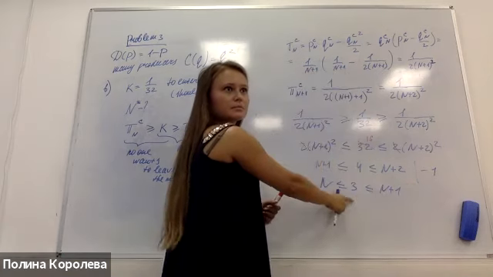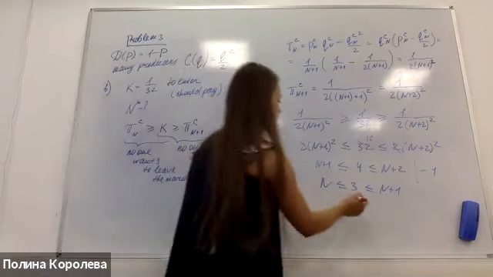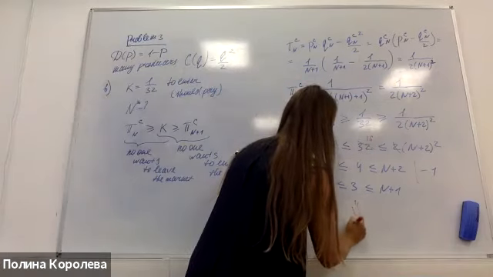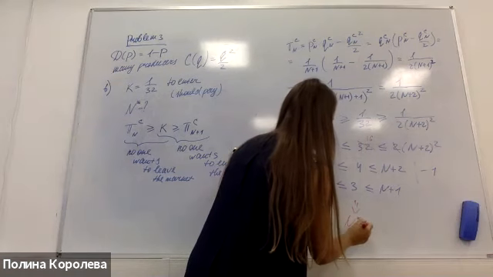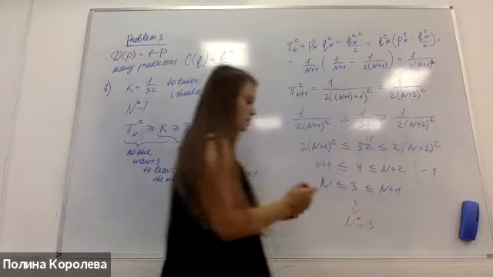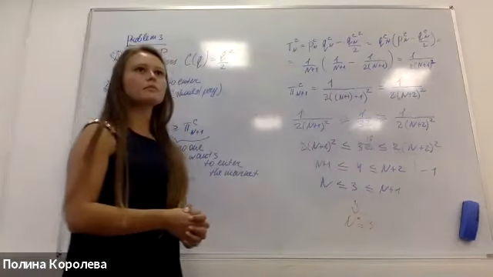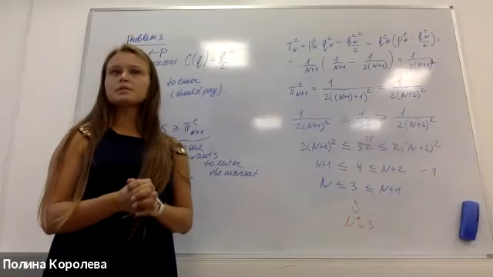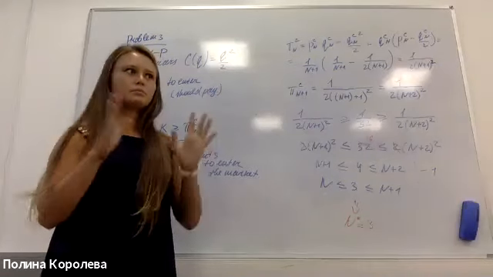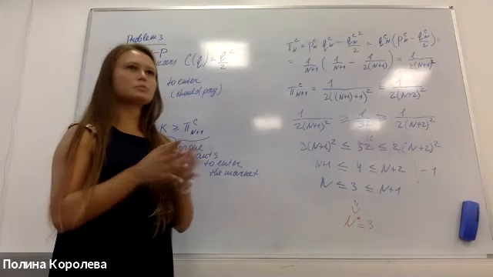This is the answer. The optimal number of firms for such an entry fee is 3. This is the answer for this task. The second part of this task is for your home assignment. Not obligatory.